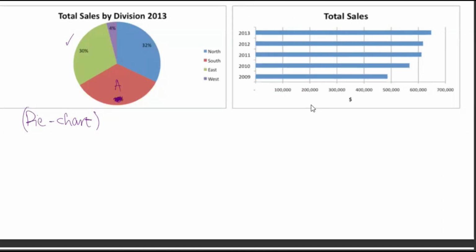That means you need to get 100 minus the other values that are there. So this would be 100 minus 66, and you end up with 34. So the value of A will be 34. That's what you have to know.